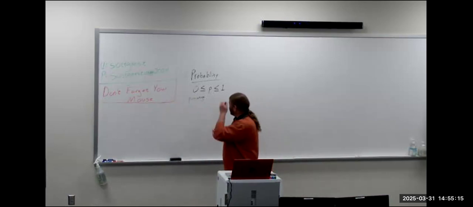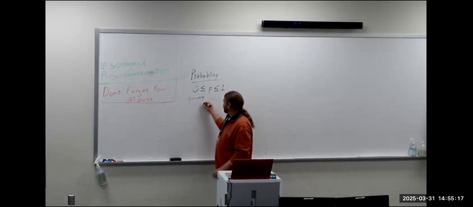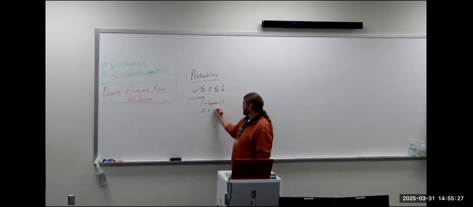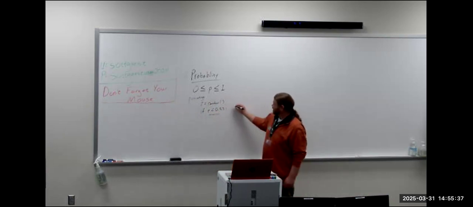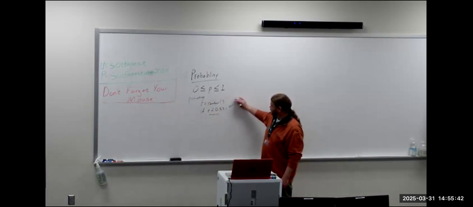Depending on how your brain works, it might be something different. So R is the random number, and if R is less than 0.33, we do a bunch of stuff, and that's like saying a 33% chance.